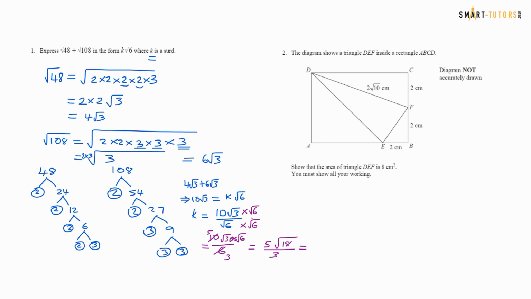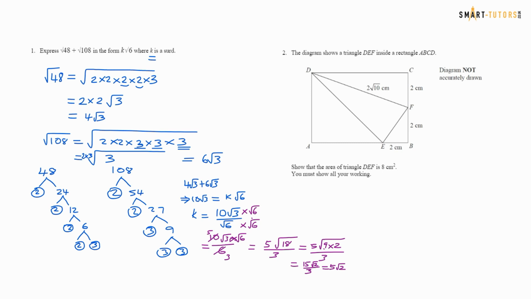Now 18 can be simplified as 9 times 2, and square root of 9 can be written as 3. So 3 times 5 is 15 root 2 over 3. If you simplify, that is going to be 5 root 2.